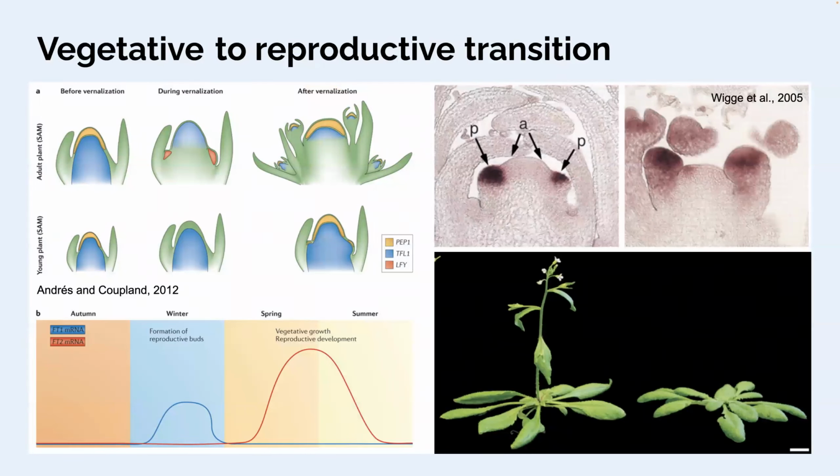So mentioning the shift from vegetative to reproductive, there's also a shift in the genes that are active at this point. And so any of these environmental effects that cause a shift from vegetative to reproductive growth, they're going to sense the environment and then cause this change to happen.